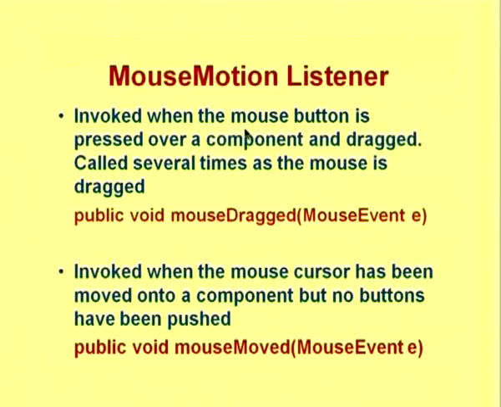This is invoked when the mouse button is pressed over a component and dragged. It is called several times as the mouse is dragged. Whenever you press the mouse, your mouse pressed event will be raised, and then when you drag it and release your mouse, you can have the positions of your mouse event at the start, that is when you press, and when you release, while the mouseDragged method is called multiple times during the drag.